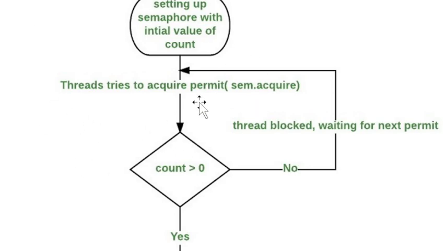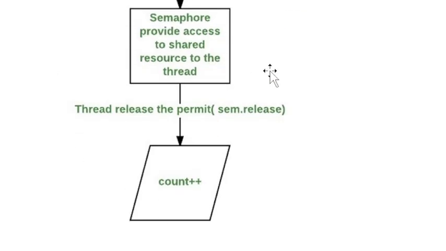If it gets the permit, the counter will be decremented. After the thread completes, it releases the permit and increments the counter, so that another thread can get the permit and decrement the counter again.